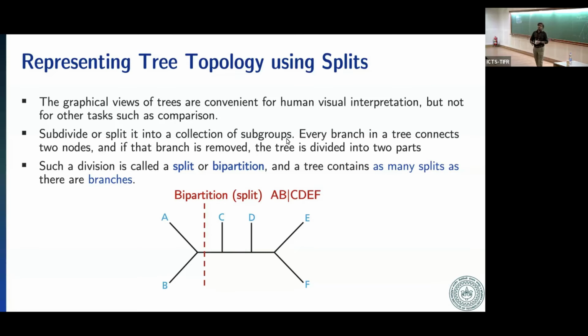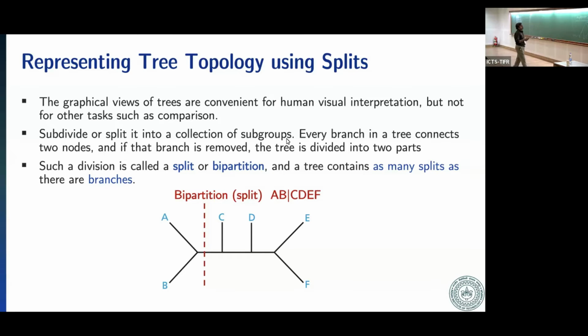So if you remove that branch, you will end up with one set of nodes on one side, another set of nodes on the other side of the tree. Okay, and each tree is basically a collection of such branches. That means when we are talking about these nodes, each branch basically divides the whole set of nodes into two subgroups, right?